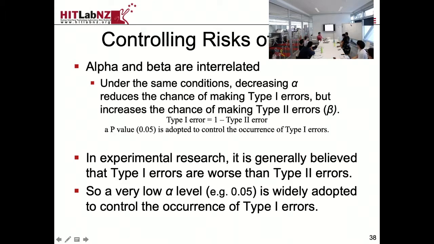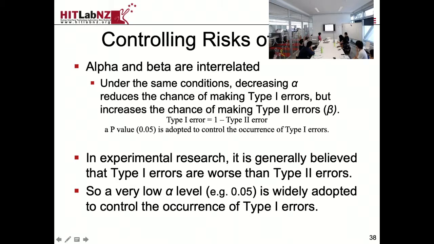So we have to think about how we can control the errors well. Error is always a risk for your experiment. For that reason, we talked about which one is more important, the type 1 error or type 2 error. That is the reason why we choose a very small p-value, a small chance, 0.05. Sometimes we use 0.1, 0.05, but some researchers sometimes adopt 0.1, which is not a good way to get a reliable probability level.